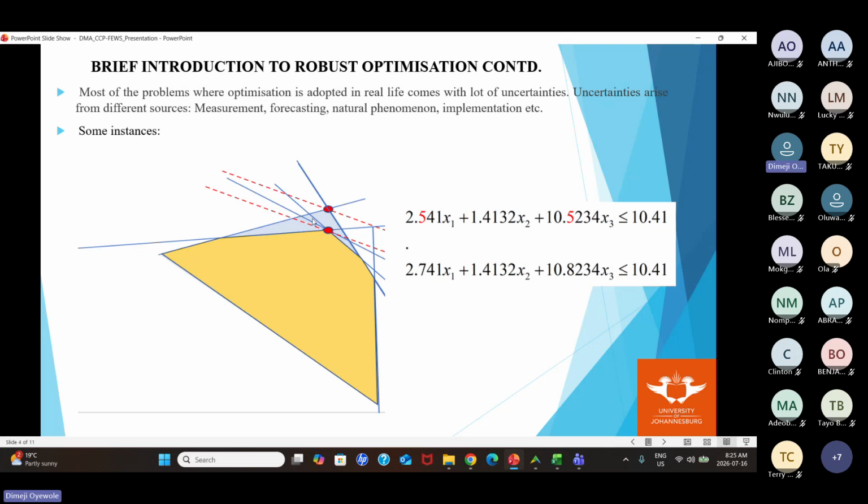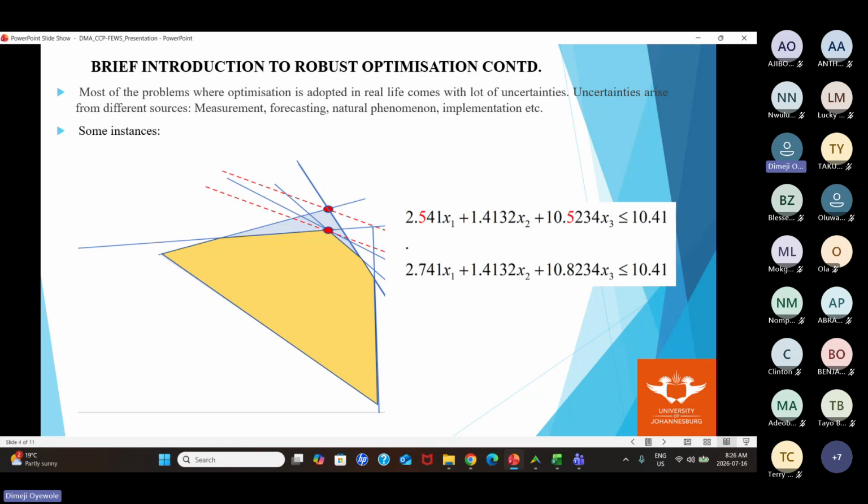And because of that, the boundary of the solution has changed. So it means that what was optimal in the first model or the first equation is no longer optimal in the second one.